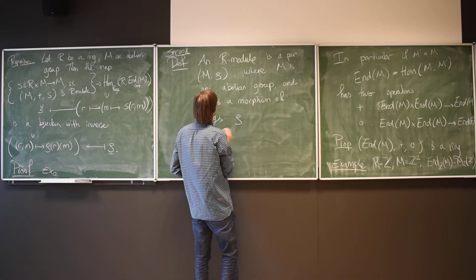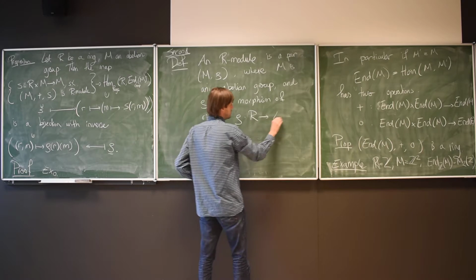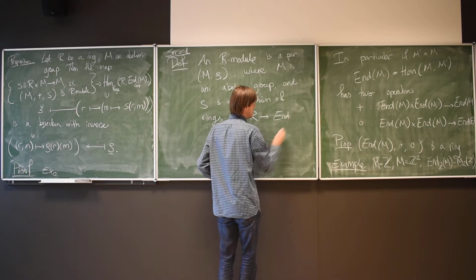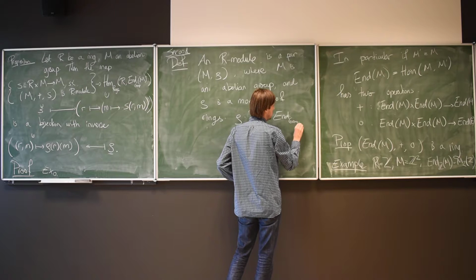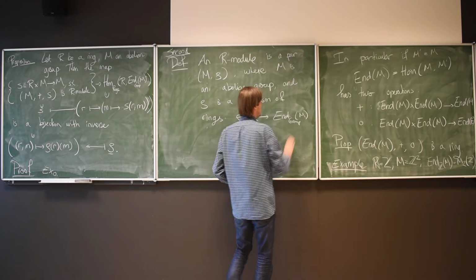Rho coming from R and going to the endomorphism algebra of M.